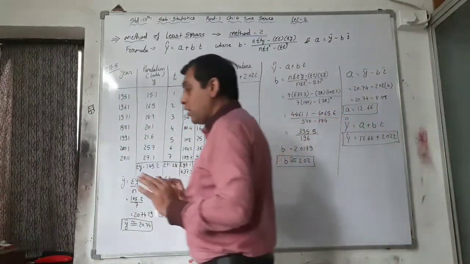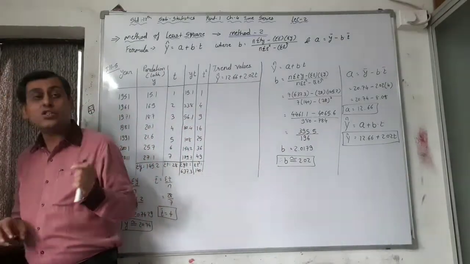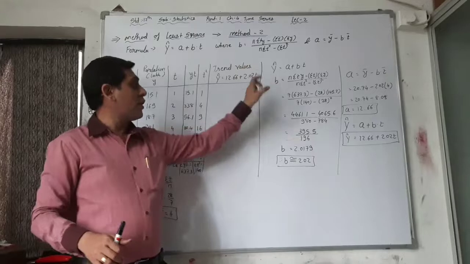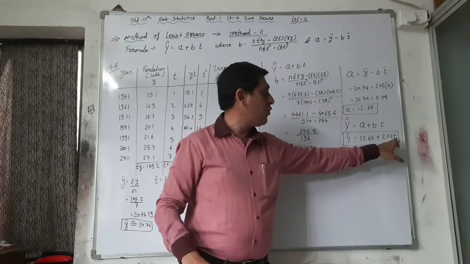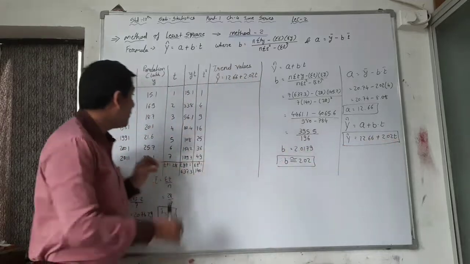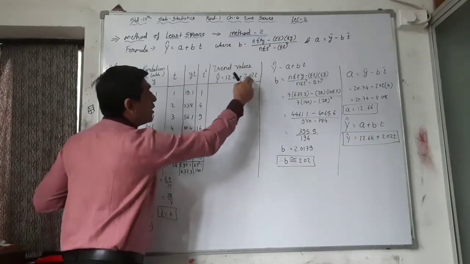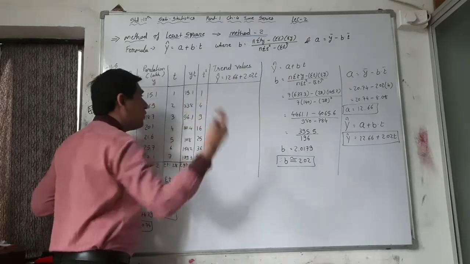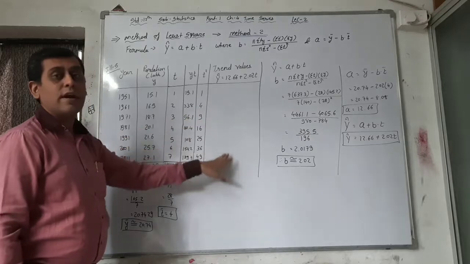Read the question: trend values for each year. So we have to put 1, 2, 3, 4, 5, 6, 7, all the values of t into this equation, and whatever value we find, we write down here. That is called the trend value.